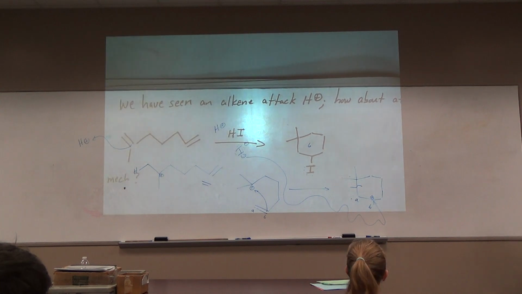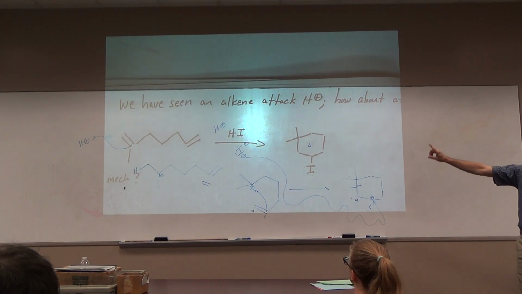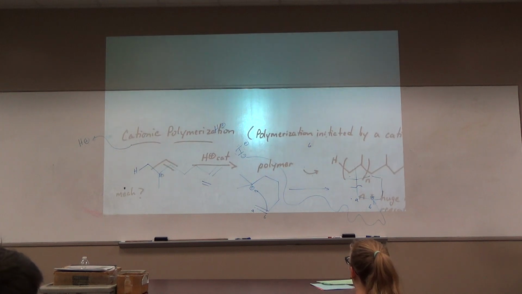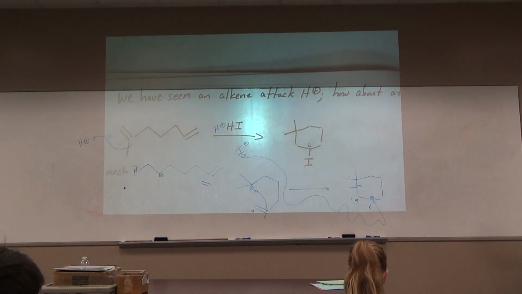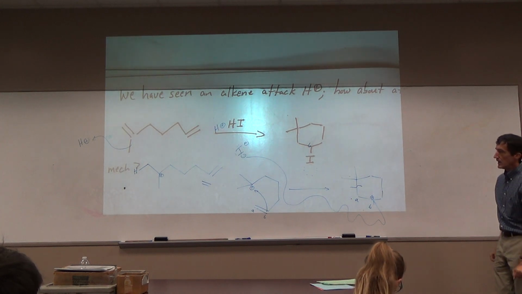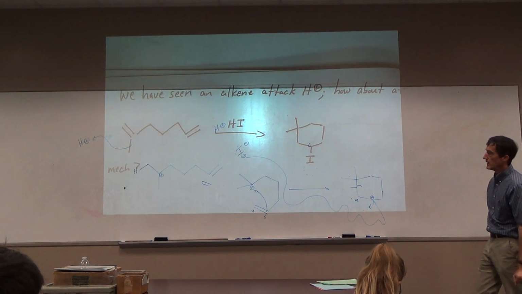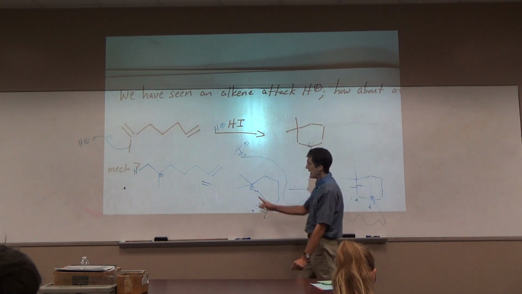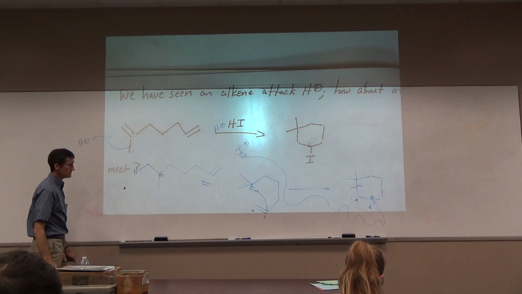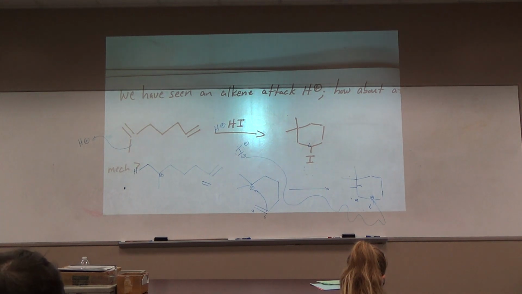Okay, so there's an alkene attacking a C plus instead of just only H plus. Very reasonable, yeah? We made a ring there. Alkenes attacking pluses. Let's talk very generically.